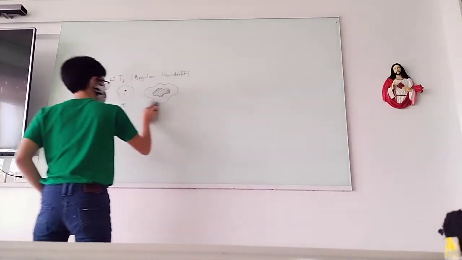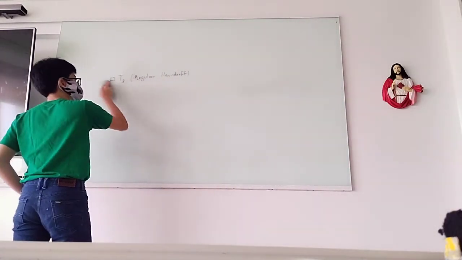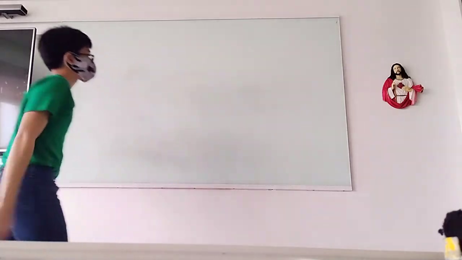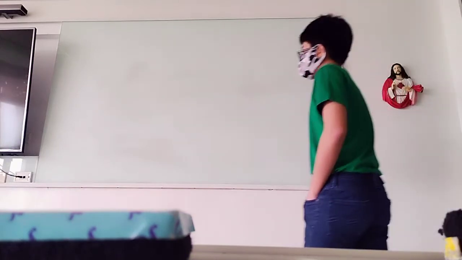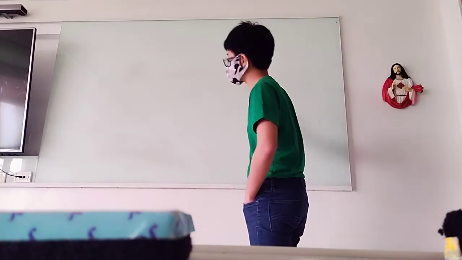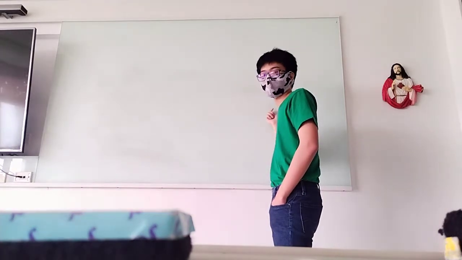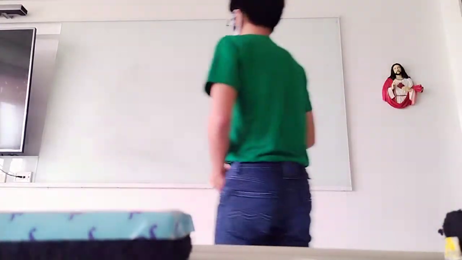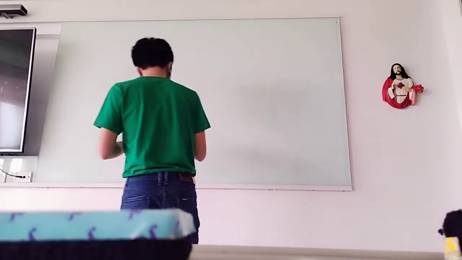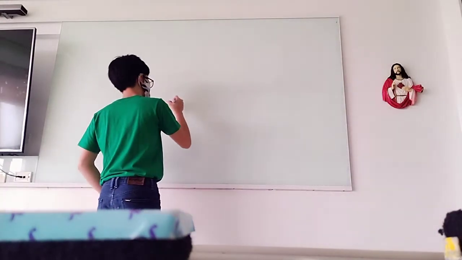So our definition of a metric space in our study is that it takes multiple points as inputs, and it outputs only one. So let's say that M is some space.